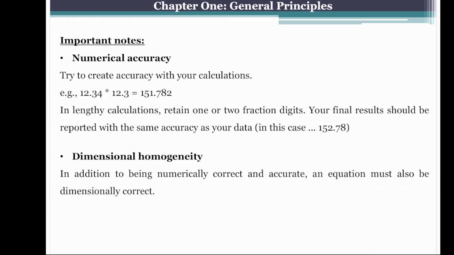Important notes to pay attention to when you solve numerical equations: you have to have numerical accuracy. What I mean by this is not to simply round to the nearest integer.